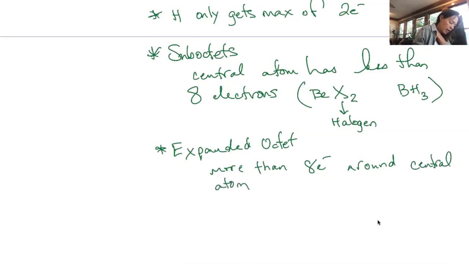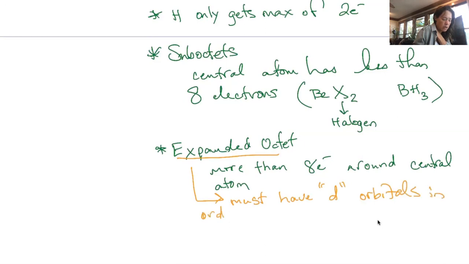So not everybody can have an expanded octet. You must have d orbitals in order to have an expanded octet. You can't have an expanded octet without the presence of the d orbitals.